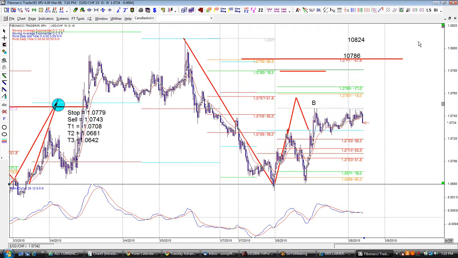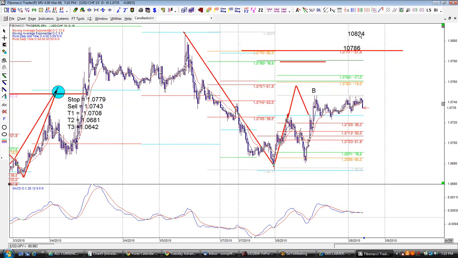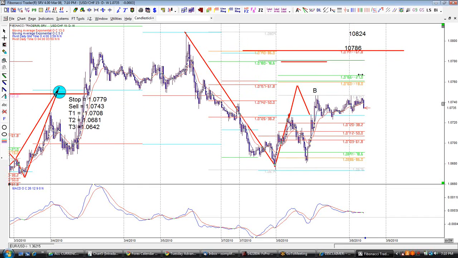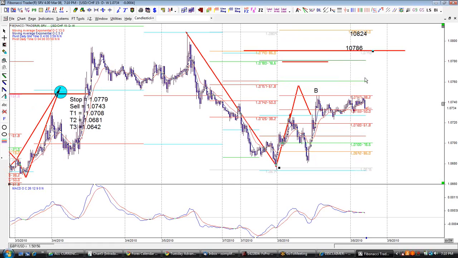Let's see if there is, oh, that's the last pivot point for today. Then targets. The first target I want to use is, let's see how far the stop is. 40 pip stop. We want to go for at least 55 to 60 pip profit.